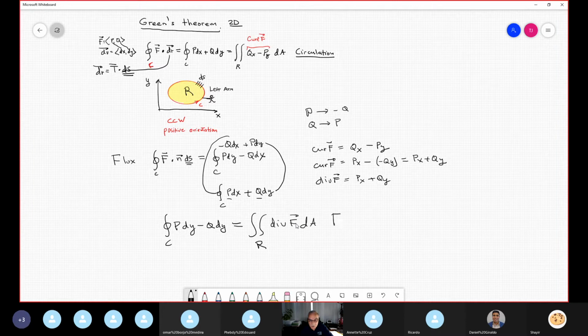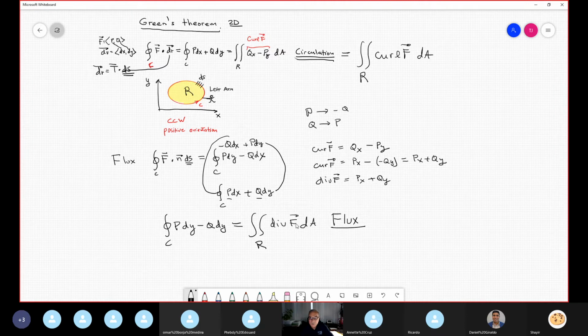It's the flux version of Green's theorem. The other is the circulation version of Green's theorem. And the majority of books leave it like that. However, I like to write it in this order: the double integral in the region R of the curl of f dA.